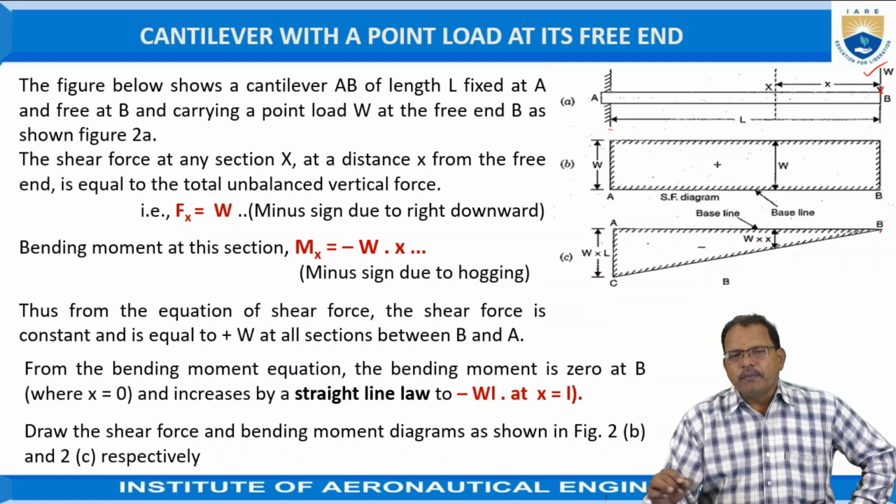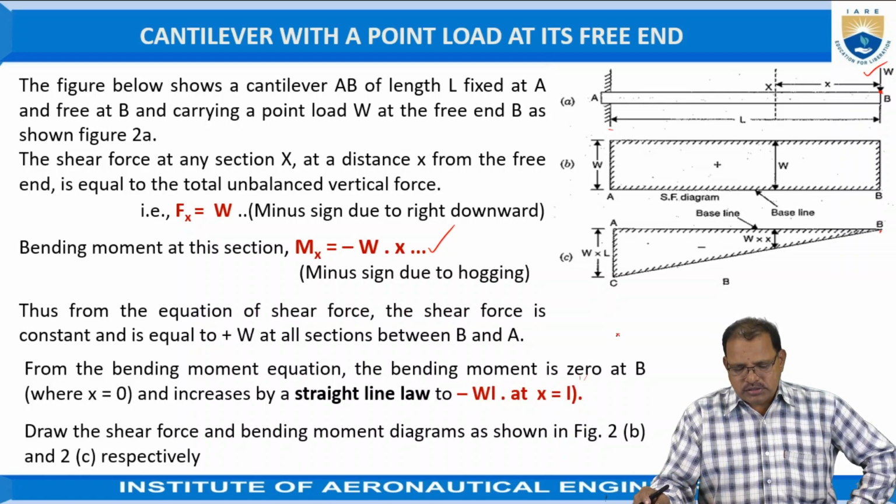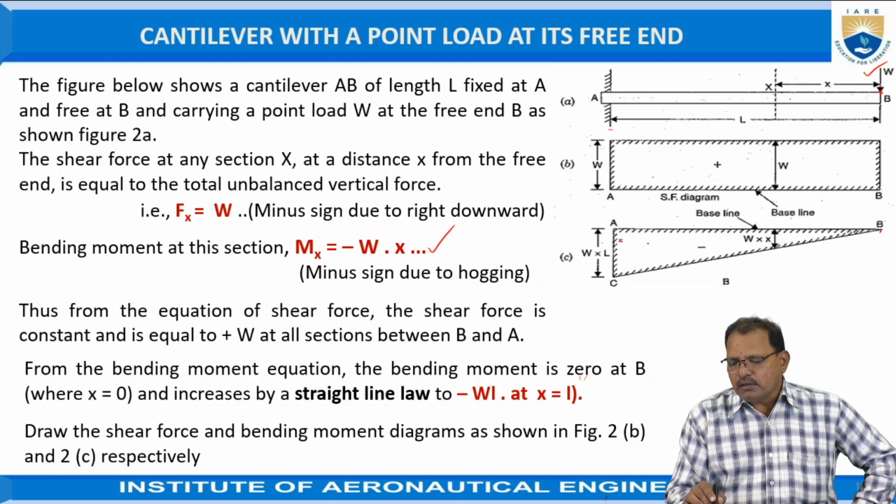The bending moment at a point A is equal to W into x at the x position. Similarly, at a distance of L, where x is equal to L, the bending moment is equal to W into L. It varies proportionally to x. Hence, the bending moment at A is equal to W into L, and at B it is equal to 0.